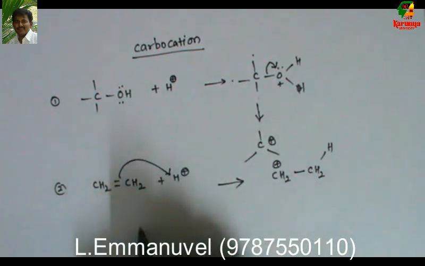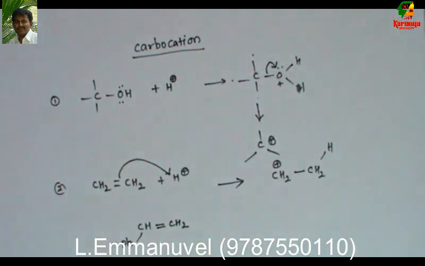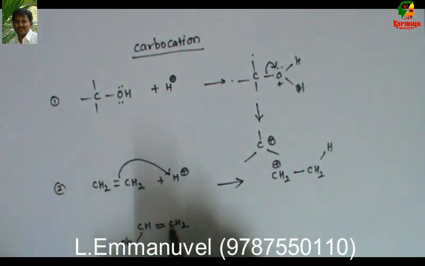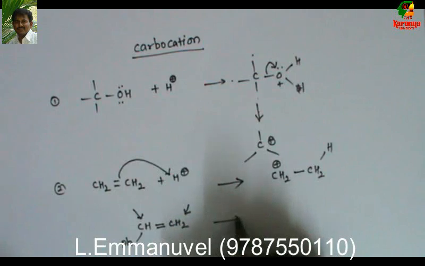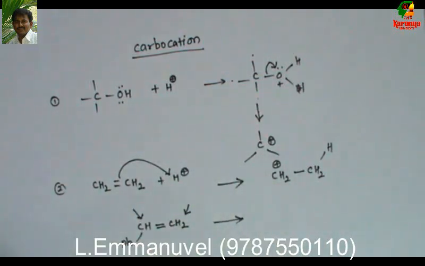But if I go for an alkene like this, styrene, now the question is whether H plus will add here or here. It is very simple. The most stable carbocation will form in the addition.